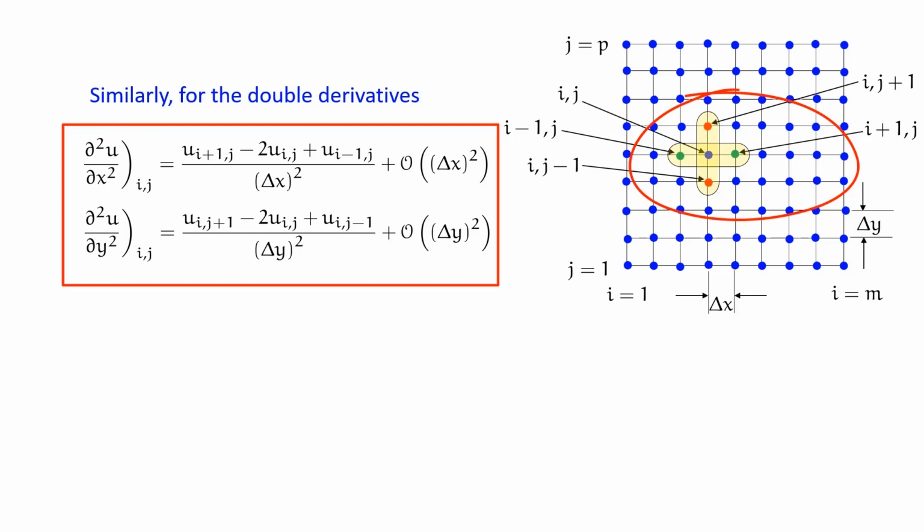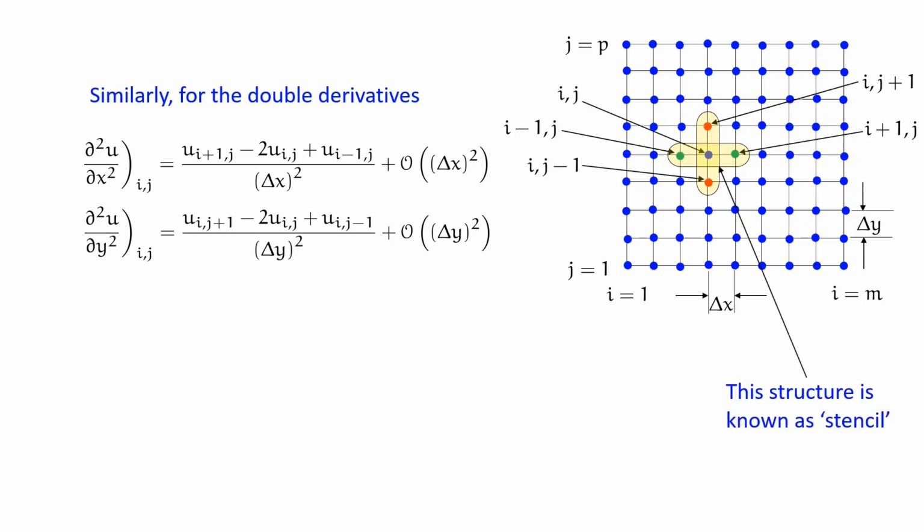For del 2u del y2, here we have u(i,j+1) minus 2u(i,j) plus u(i,j-1) divided by delta y squared. This structure that we call a stencil is an important term in CFD, and we will use this term over and over again to indicate the points that we are using for discretization.